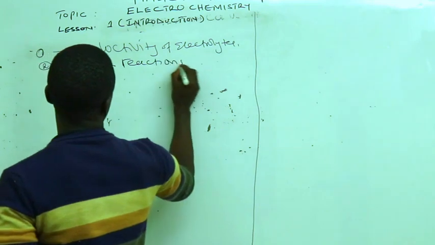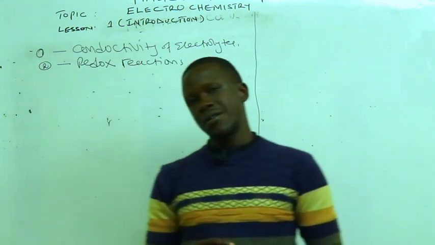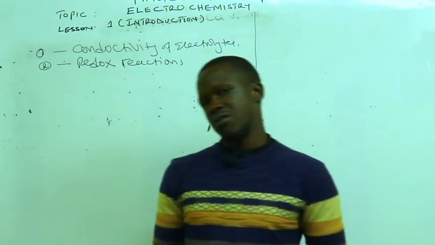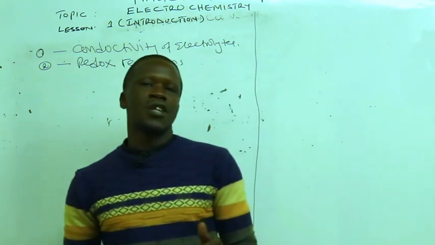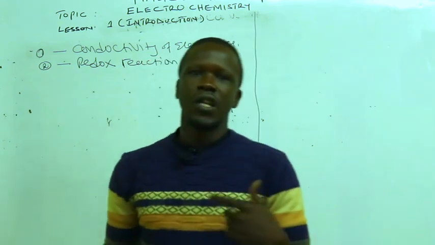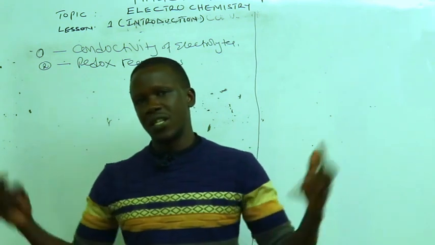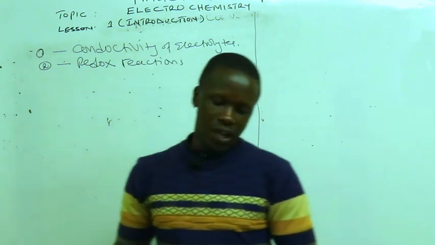reactions. Reactions that involve both oxidation and reduction. It is these reactions of oxidation and reduction that will lead to transfer of electrons and generation of current. So we need to understand what we mean by redox reactions.